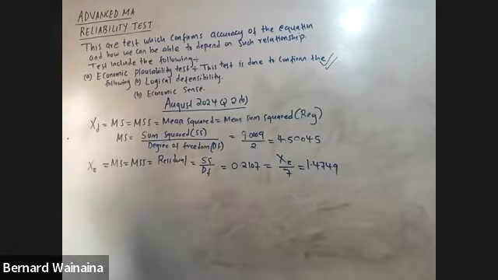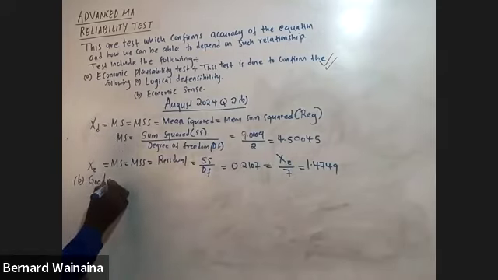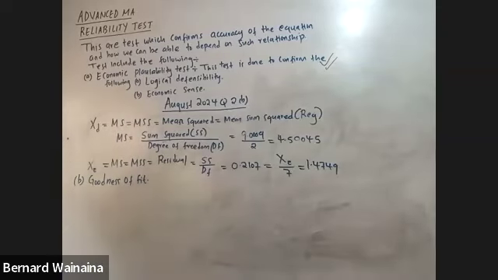Number 2: goodness of fit. Now, goodness of fit is the test done to confirm that the equation fits the data, to make sure that the equation fits the data from which it was derived.